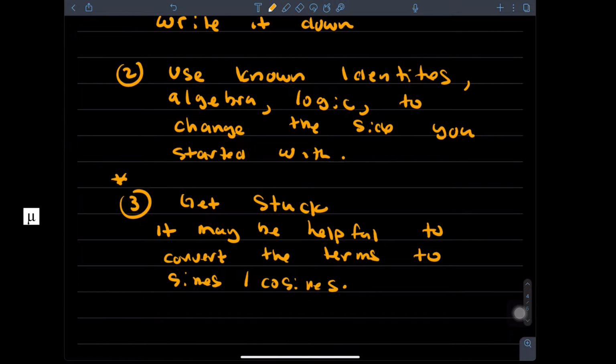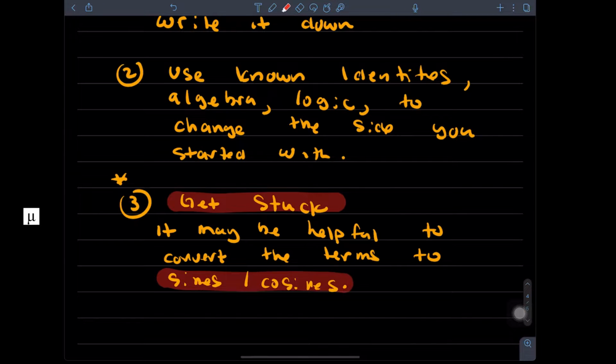And again, that's if you get what? Stuck. And so this whole idea is to change really what you started with. It's the whole idea.